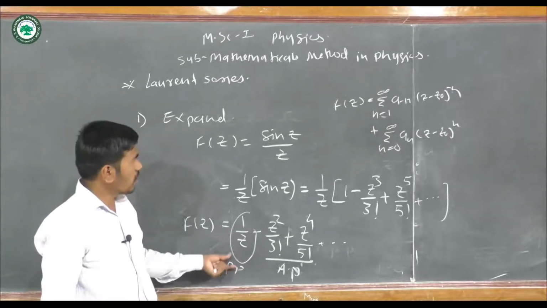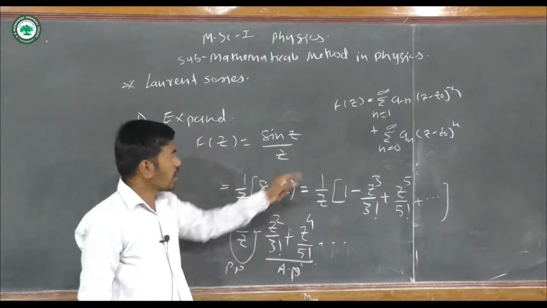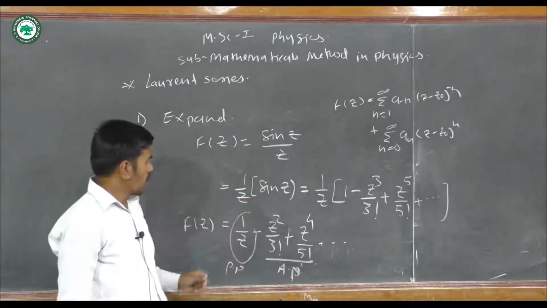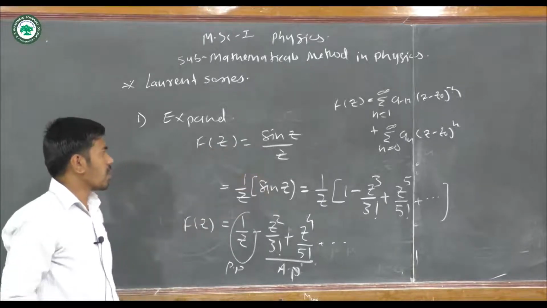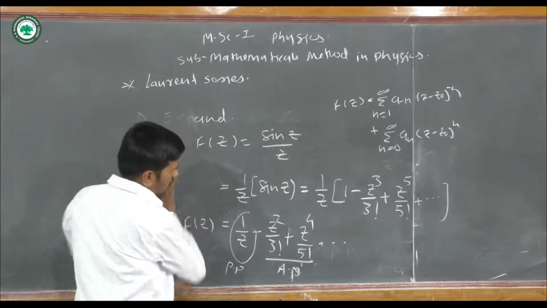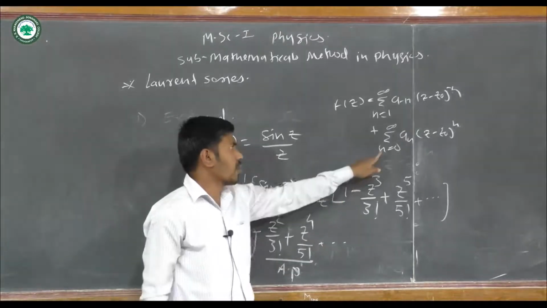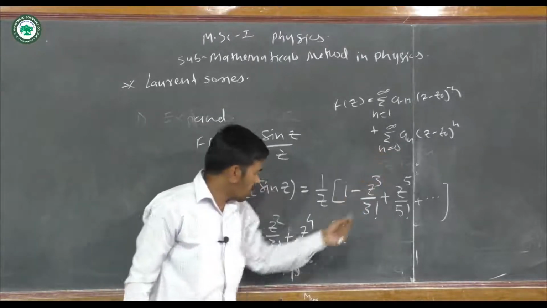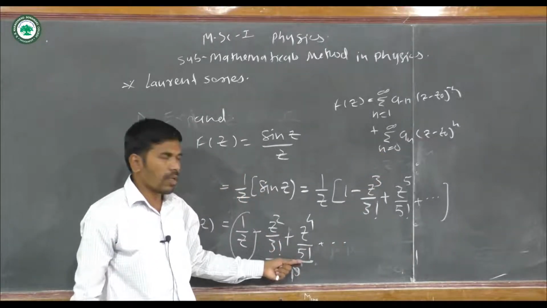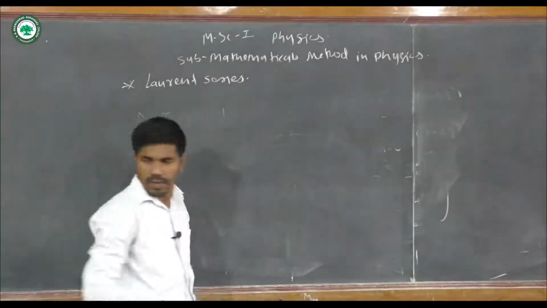This is the expansion of simple sin z by z. The analytic part does not have any singularity, and the coefficients a n are 1 by 3 factorial, 1 by 5 factorial and so on.